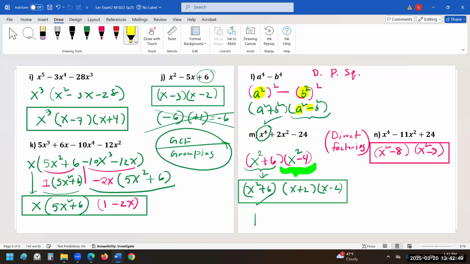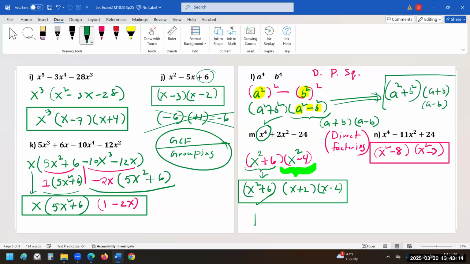It's a difference of two perfect squares, so you have to go further: a plus b, a minus b. When you combine all of these, you get a squared plus b squared, which is prime and you cannot factor, and a plus b and a minus b from a squared minus b squared. Now you have all three factors. You cannot go any further.